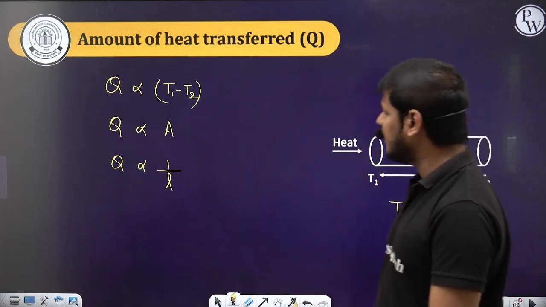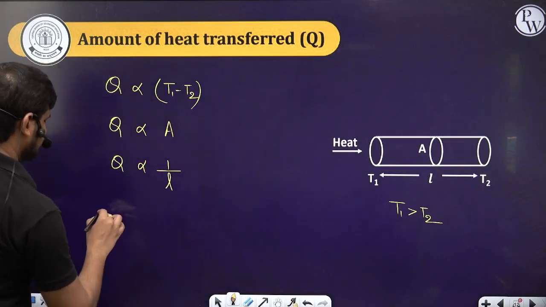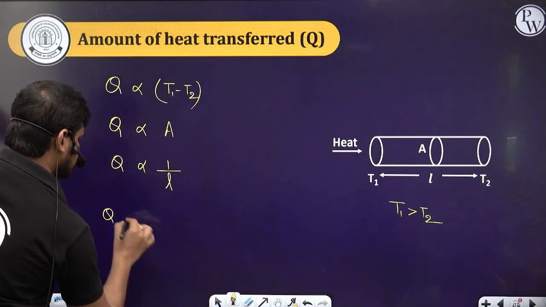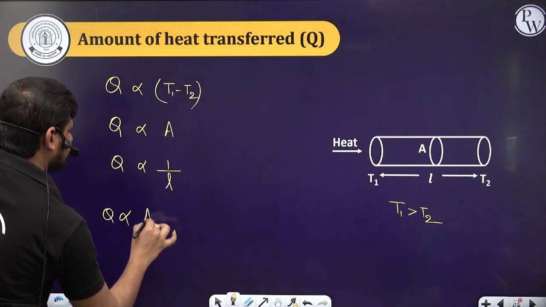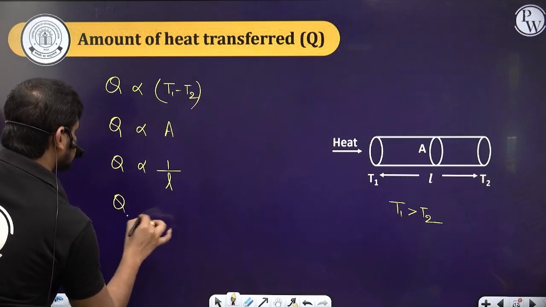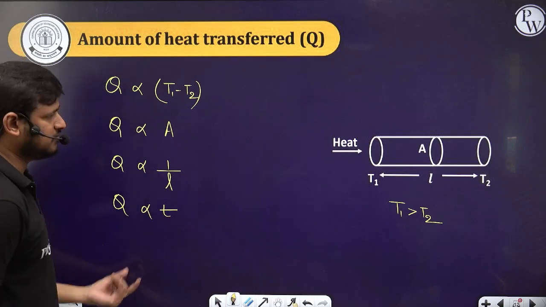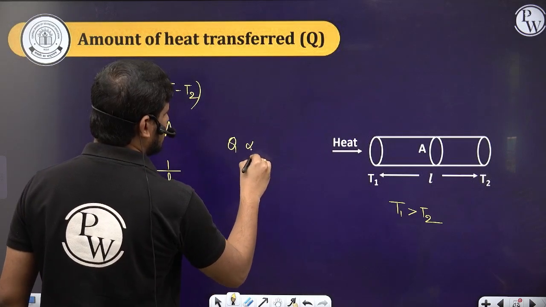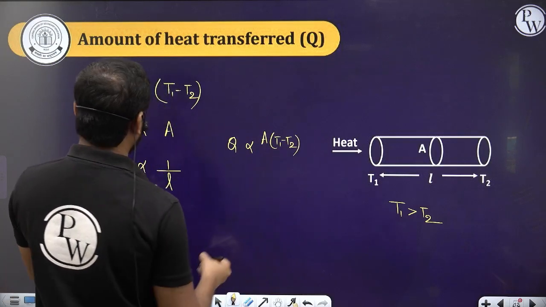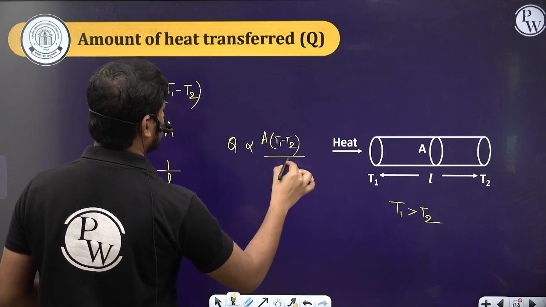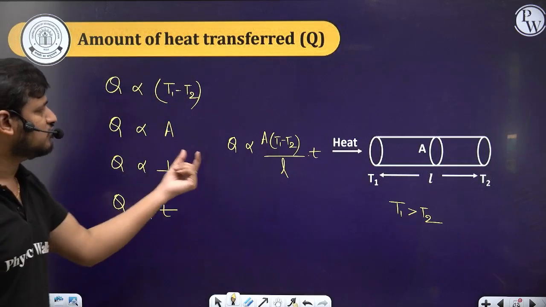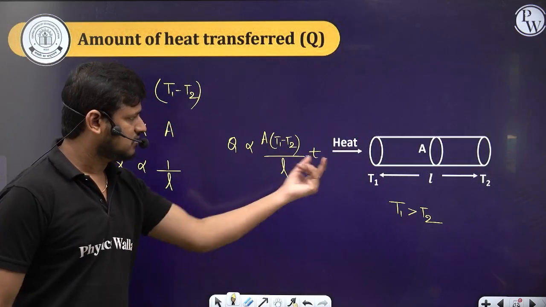Okay. Now I can write all these combined. Q is directly proportional to A into T1 minus T2, and it is also directly proportional to the time, for how much time the heat is applied to the body.